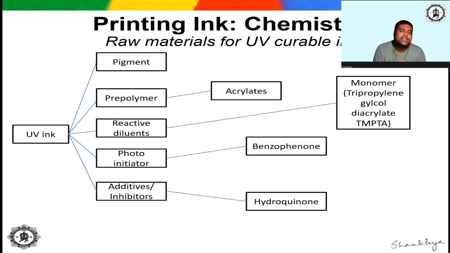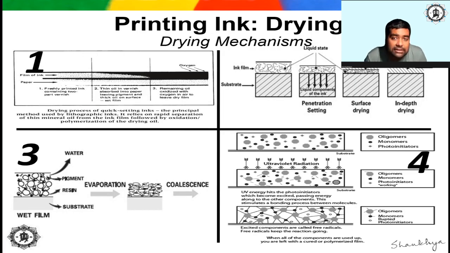Okay, so these are the basic components of the UV ink. We'll be talking about some of the properties of UV inks, but not really the core components and these individual chemicals.